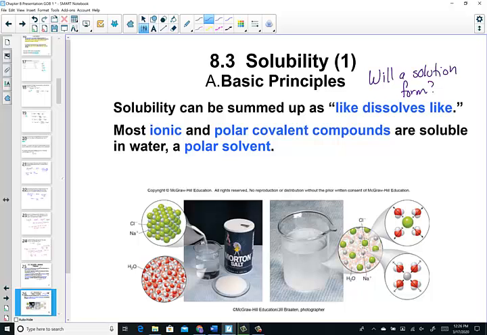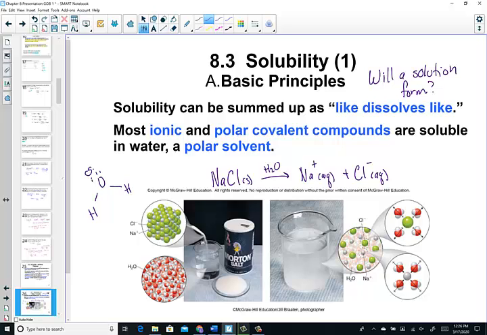Here we have a close view of sodium chloride. Sodium chloride as a solid dissociates when it's put into water and forms aqueous ions of sodium and chloride. Based on the polarity of the water, remember that water is a very polar substance.